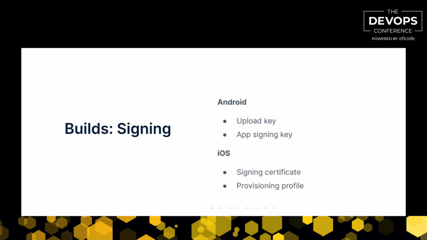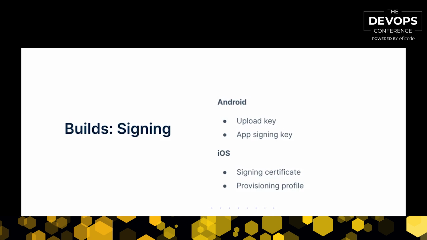Let's dig in a little bit more into signing. So for Android, I mentioned that we have release and debug builds. For release builds, you will need what's called an upload key in order to generate a signed bundle. You use an upload key to sign the bundle, and then you use an app signing key later on after you've uploaded it to Google Play.